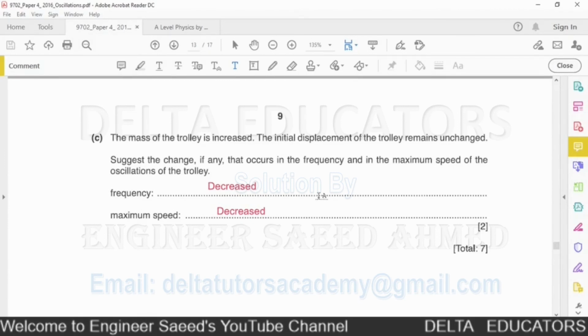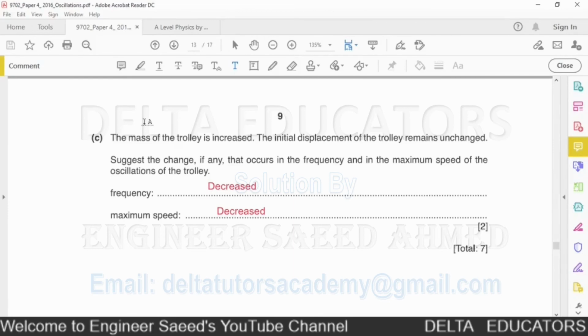Next part, part c. The mass of the trolley is increased. The initial displacement of the trolley remains unchanged. Suggest the change, if any, that occurs in the frequency and in the maximum speed of the oscillations of the trolley. In the previous question, we have studied that with the increase in mass, or with the increase in load, there is a phenomenon of damping, and in damping the frequency of the wave decreases and also the velocity of the wave decreases.